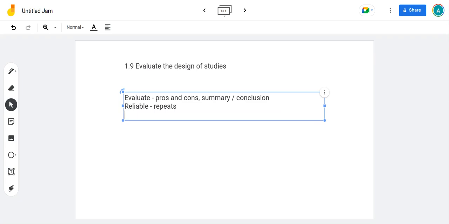The next one is about your sample being representative. What this means is: is the group of people that they investigated representative of the group of people you're making a conclusion about?